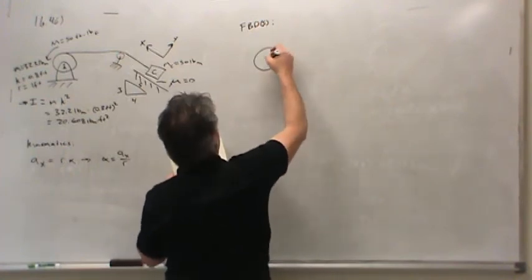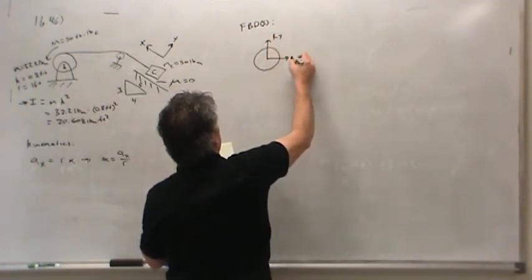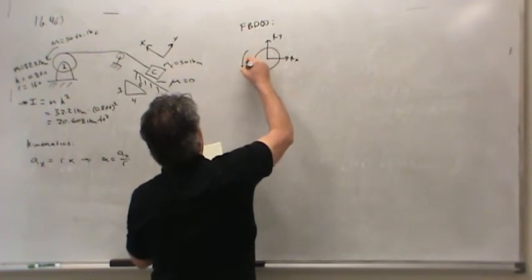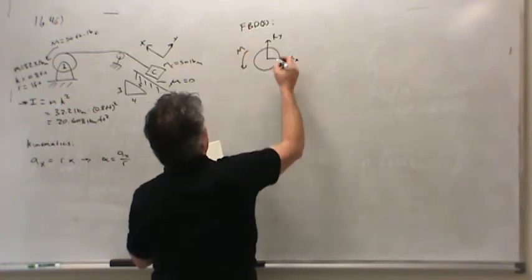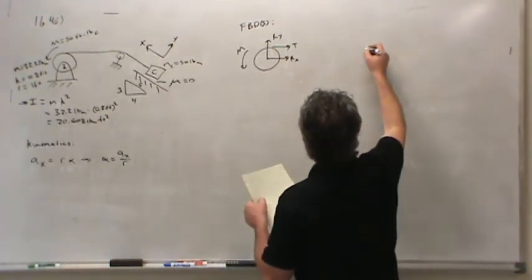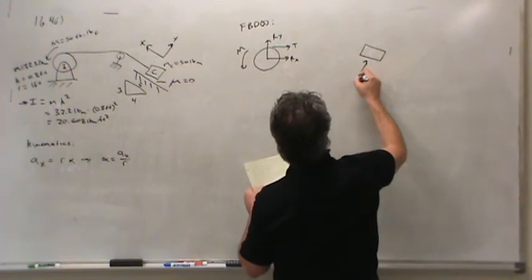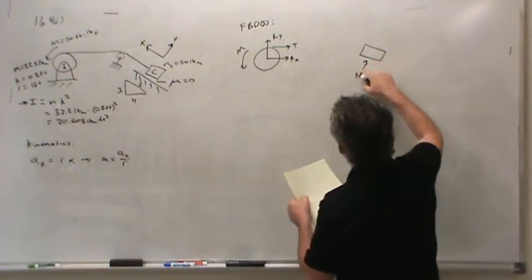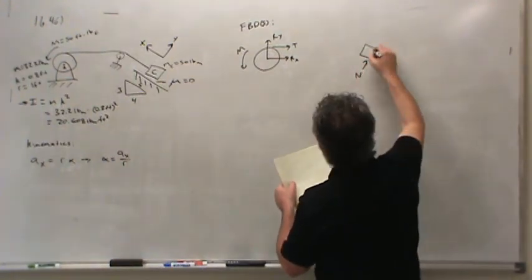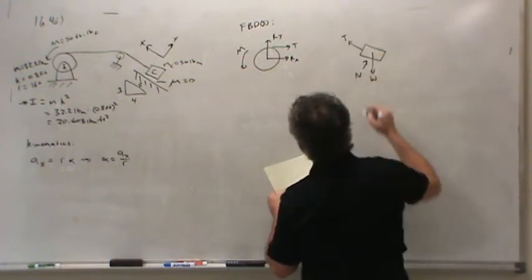Here's the winch with a reaction in the Y direction and reaction in the X direction. An external moment applied M and tension applied from the cable. The block, on the other hand, on the incline, has only a normal force from the incline, because remember there's no friction, weight from gravity acting on it, and then tension in the cable.